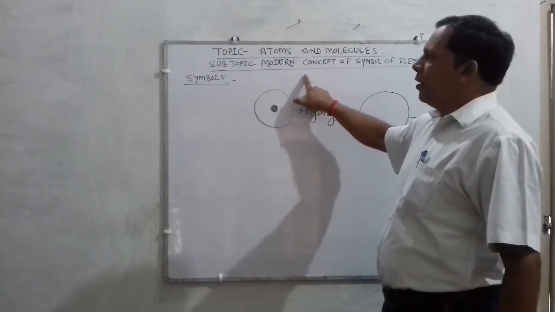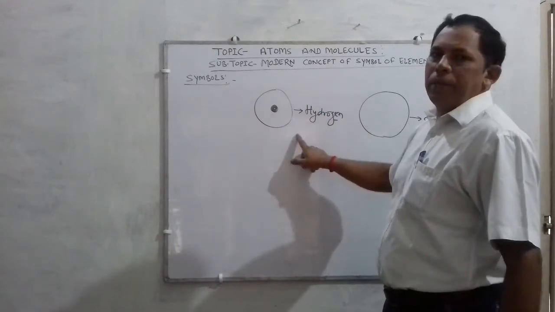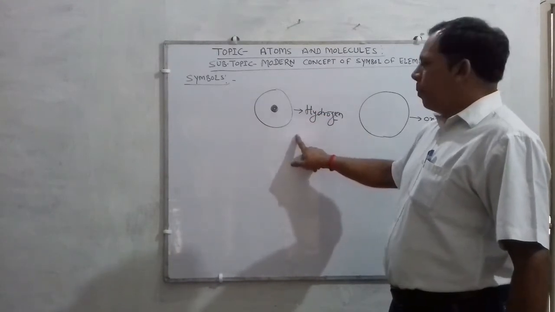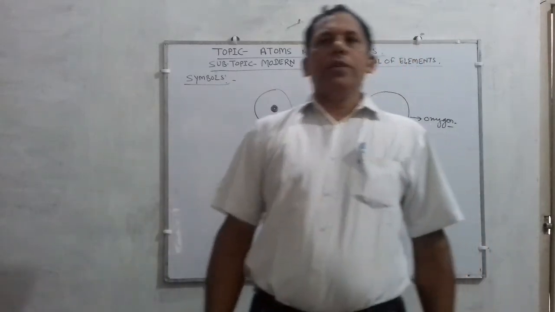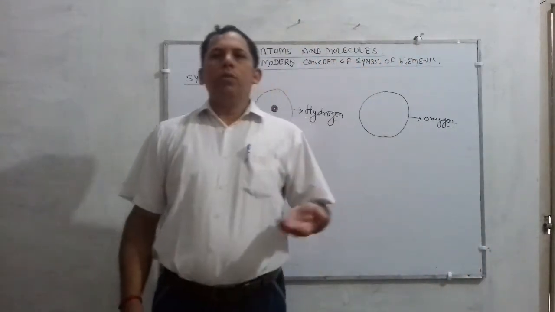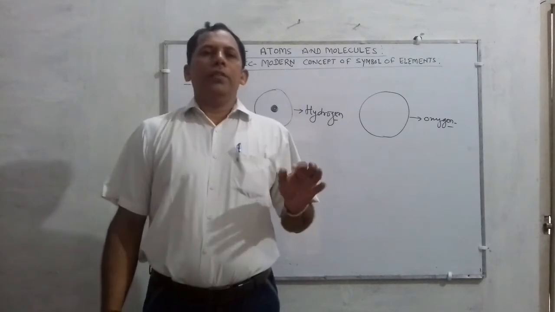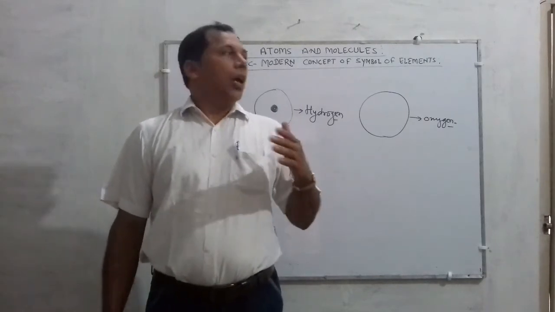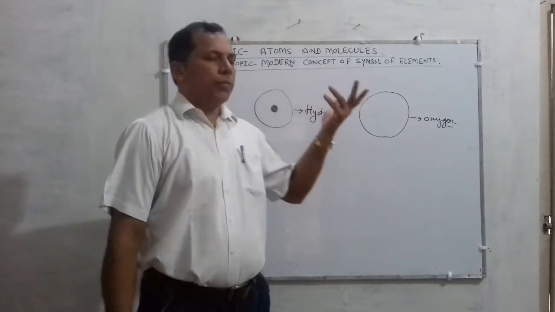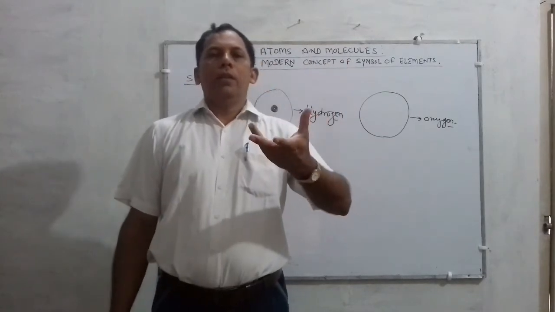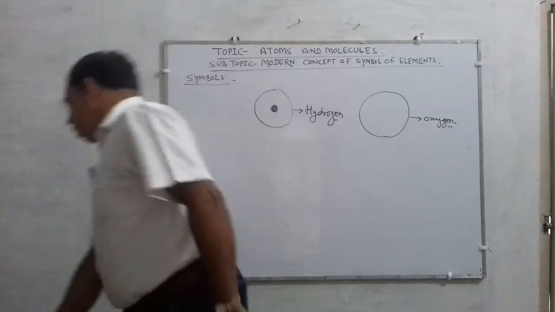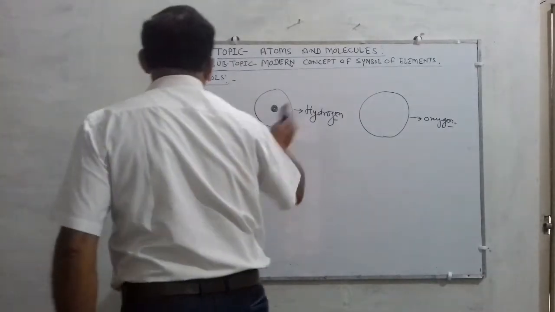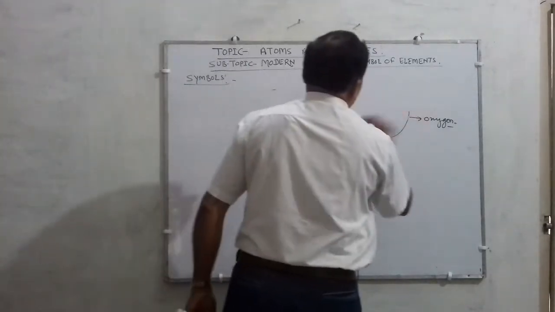I have already described the Berzelius symbols of the elements, and in today's video lecture I am going to discuss how the symbols of the elements are represented according to IUPAC, the modern concept of representation of symbols. So listen sincerely and note down the symbols of the particular elements.